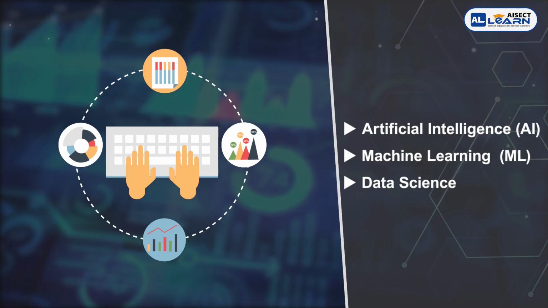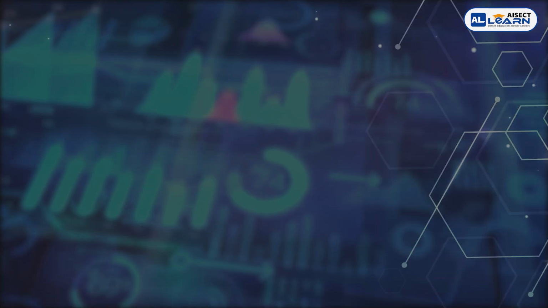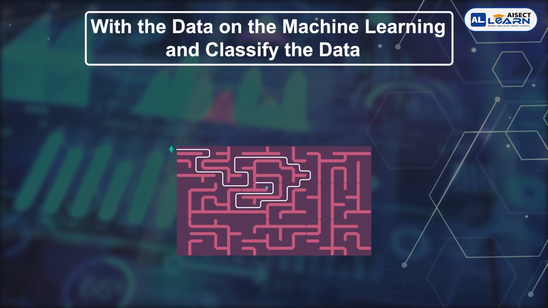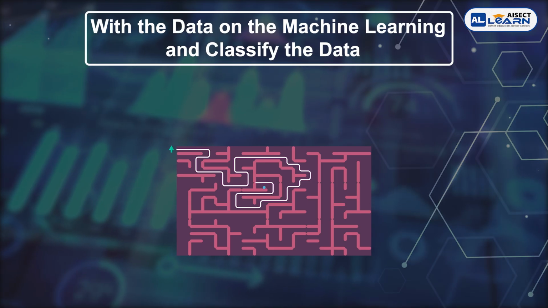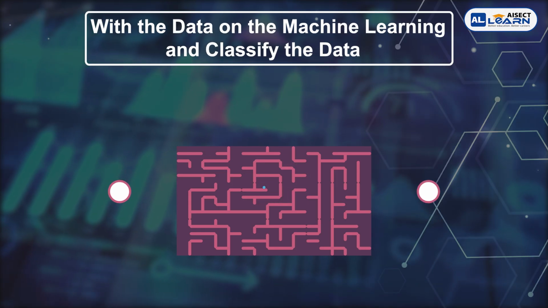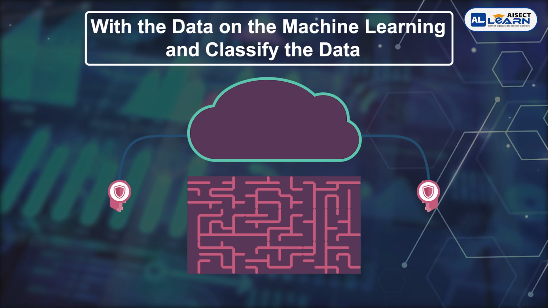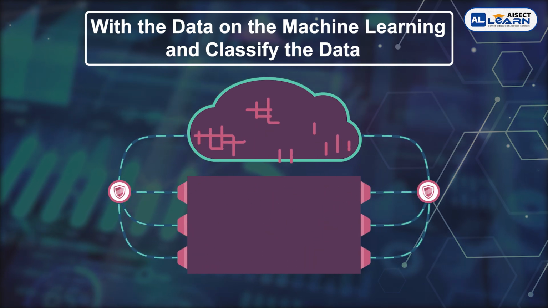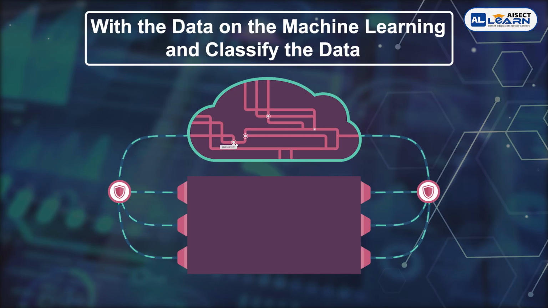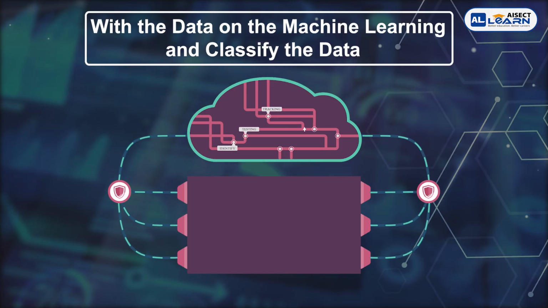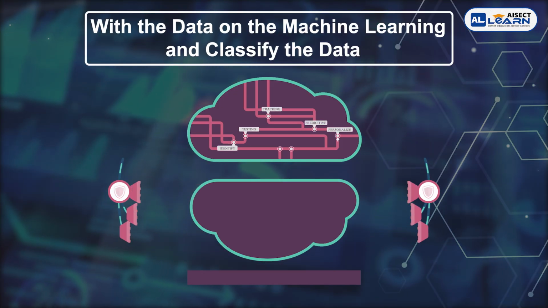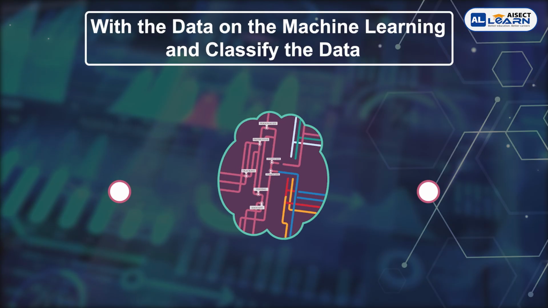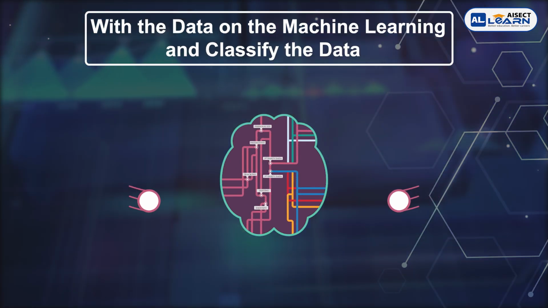Actually, data science will play with the data. With the data only, machine learning will classify the data, and with the data only, artificial intelligence will work, and that system will act like a human. Artificial intelligence focuses on developing new algorithms.